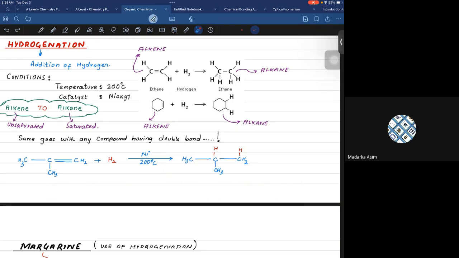In some reactants you cannot see any double bond, so how can I add hydrogen into it? It's mandatory that your sample should have a double bond so that I can add hydrogen gas into it.